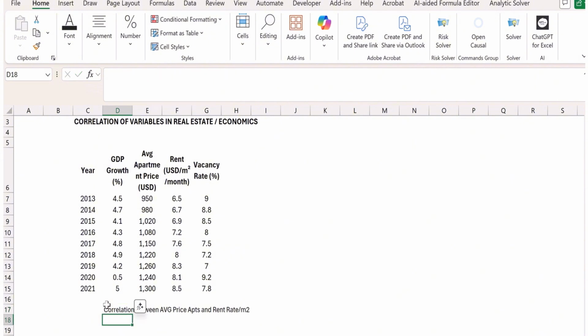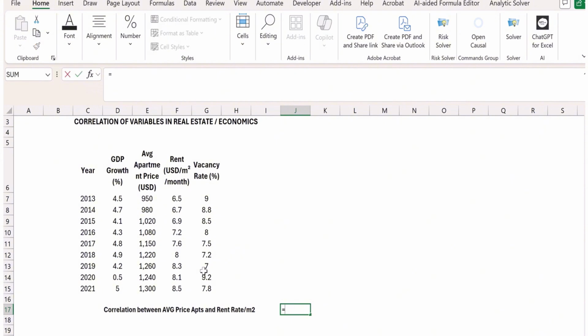Obviously, these two variables will be very much correlated. There will be a positive correlation because the higher the rent rate per square meter, the higher will be the price of the apartment.